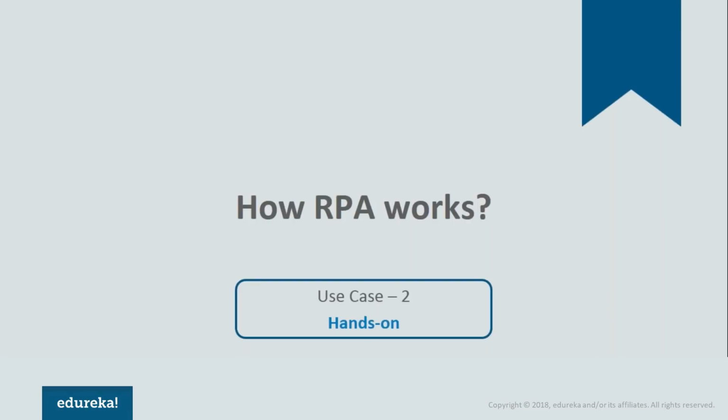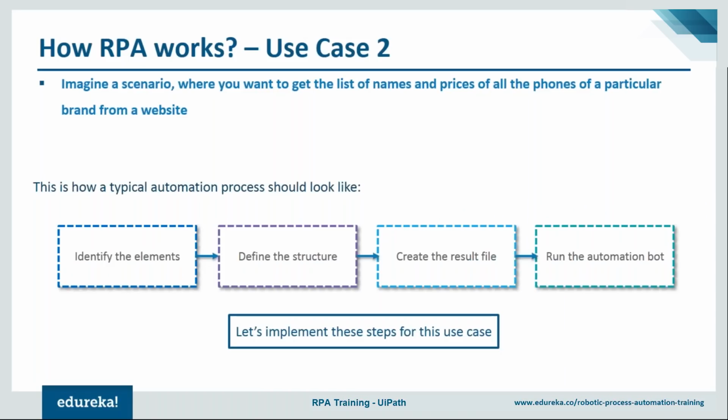Now, let's talk about another example in which you can actually see RPA work in the real wide world. Let's talk about a problem first, and we will solve that problem using RPA. Say you have a requirement wherein you want to see the product name and the product prices for a particular brand.